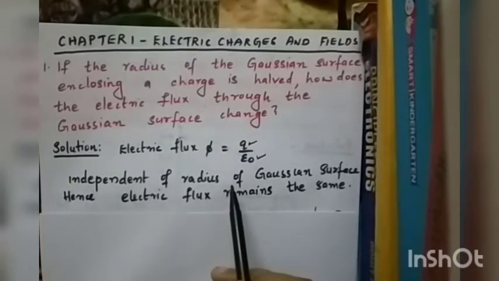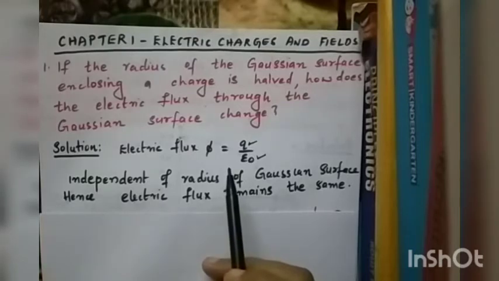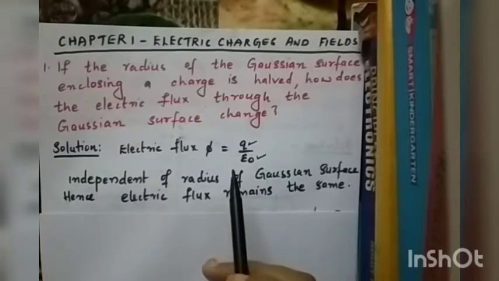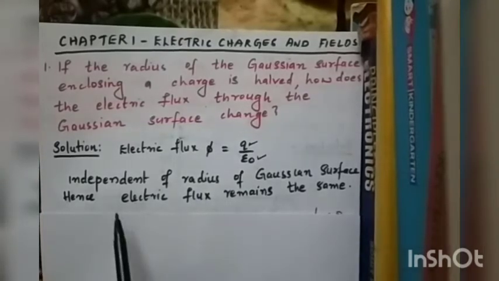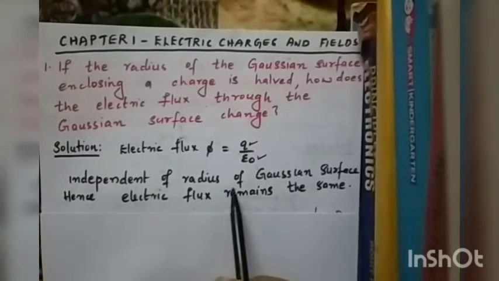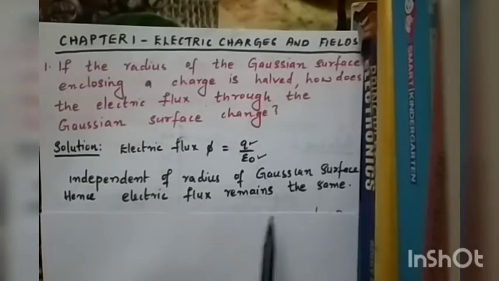So even if we make the radius half or double it, it's not going to affect the electric flux in any way. Flux remains the same. That is the answer. Flux is independent of the radius of the Gaussian surface, hence electric flux remains the same.